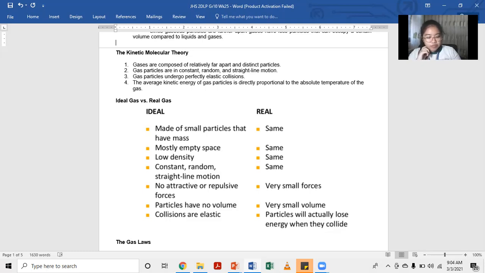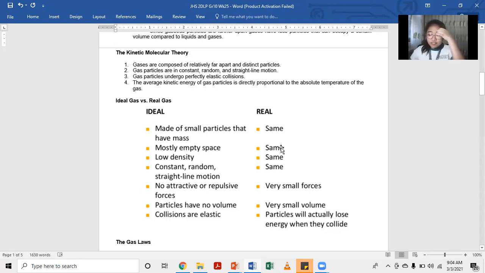Yun yung time na yung real gas ay malapit-lapit na sa properties ng ideal gases. So, pag ang real gas ay na-undergo sa STP or standard temperature and pressure, they will act closer to the properties of an ideal gas. Okay?